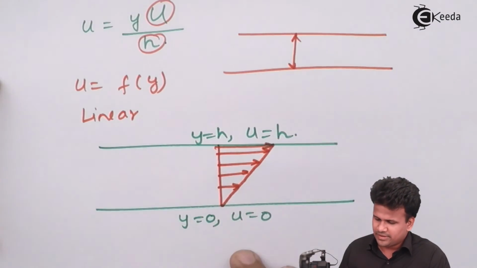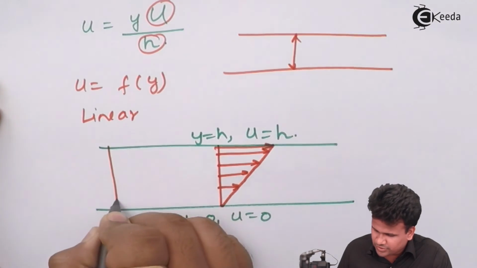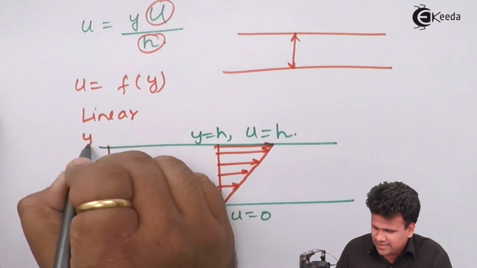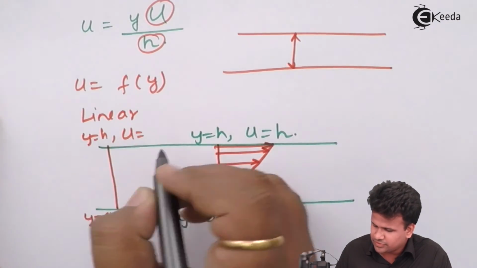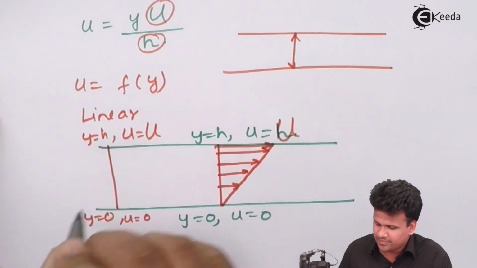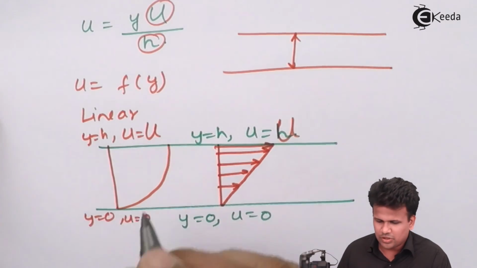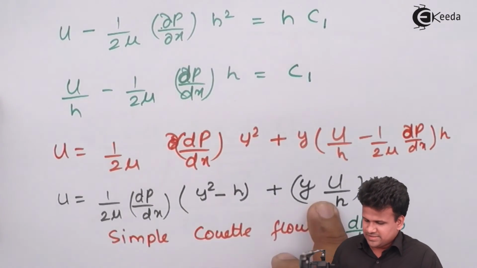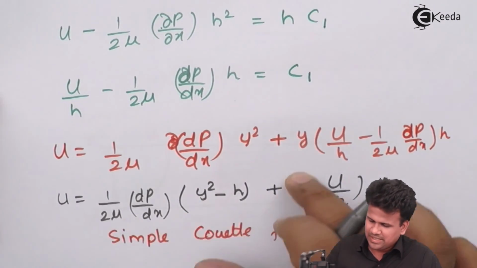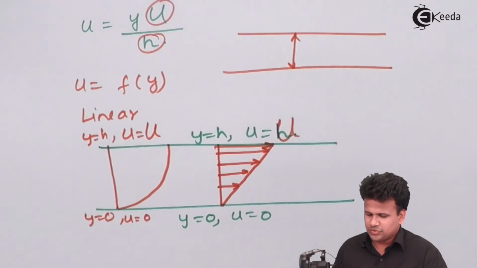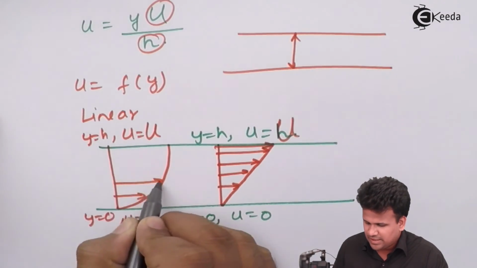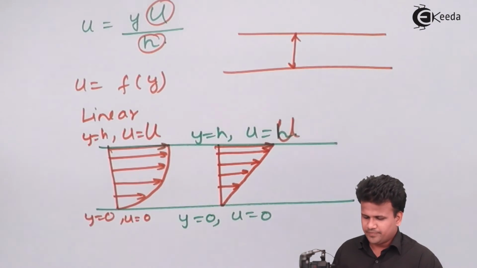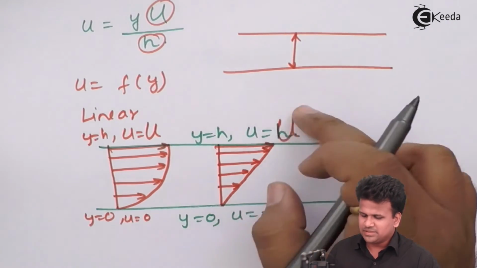But for a general Couette flow, here also y equals 0, u equals 0, and y equals h, u equals capital U. This will look somewhat different, because in this part it is a function of y square, hence it is going to increase in a quadratic curve, and the other is a linear curve.